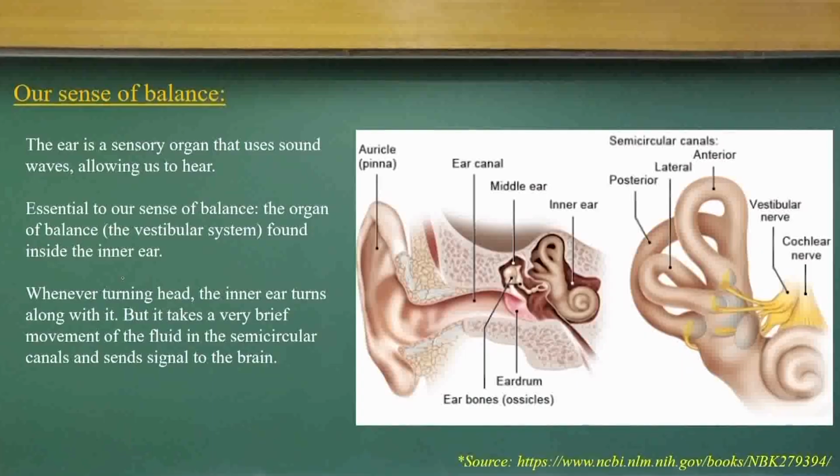But the ear also has an organ of balance inside, which gives the sense of balance. Like if I tilt, I can get it from my brain that I am tilting. That is the sense of balance.